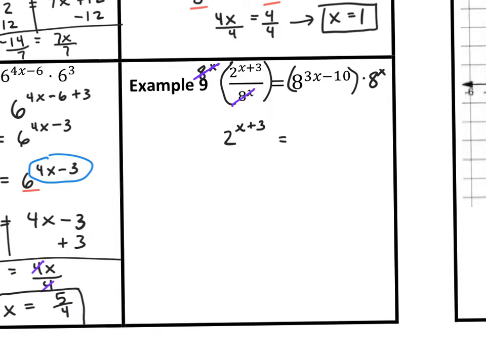So it's going to be 8 to the power of 3x minus 10 plus x. So where did this x come from, right? It came from this one. So it's 3x minus 10 plus x.